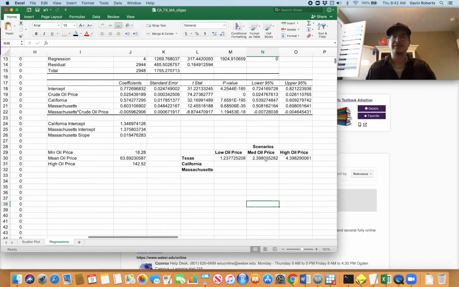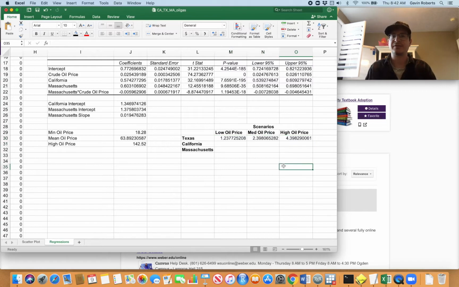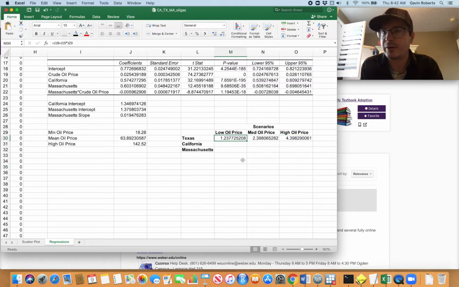And now for the state of Texas, we have 3 different scenarios. Well, if oil prices are low, we expect gasoline prices to be about $1.24. If oil prices are medium, we'd expect gas prices to be about $2.40. And if oil prices are high, we'd expect gas prices to be about $4.40.